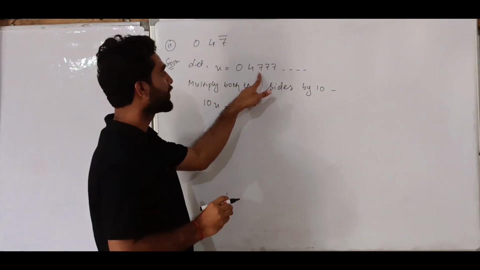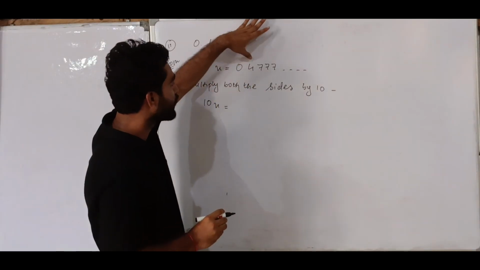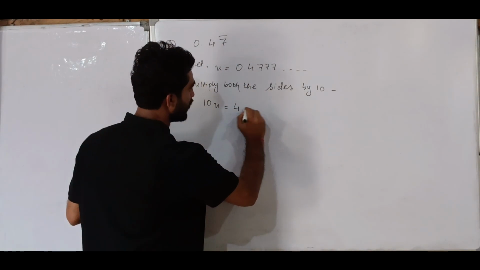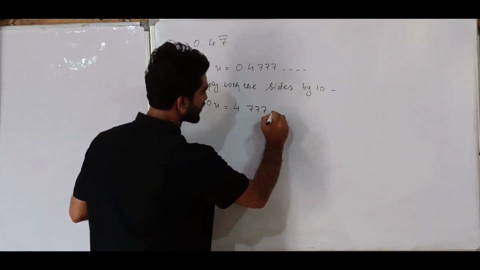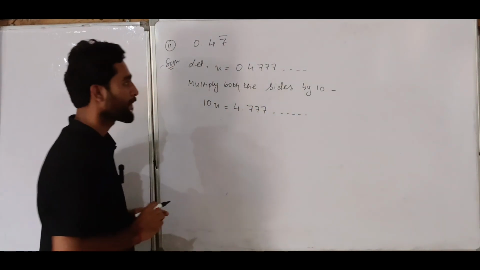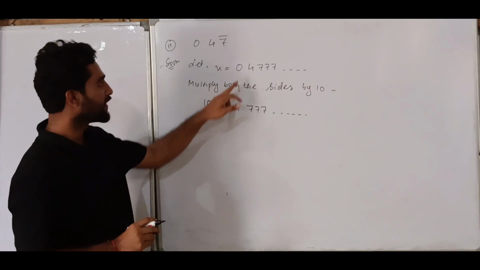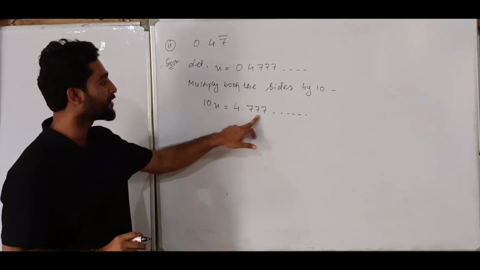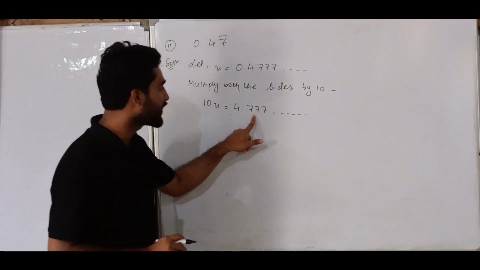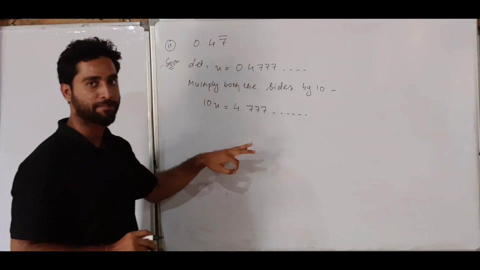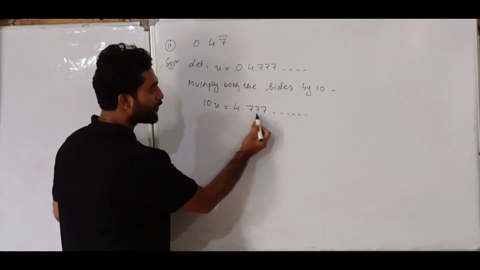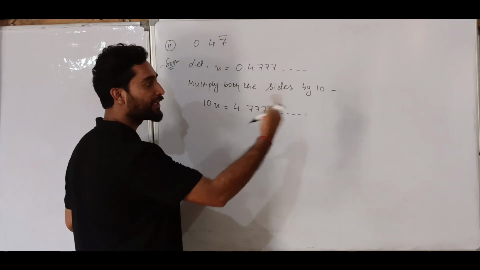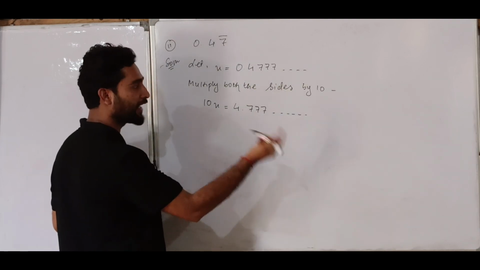If you multiply by 10, one digit comes to the left side, so this will be 4.7777 and so on. Now we can see that 0.477 is here, 4.777 is here, so after the decimal point the digits are not the same. If you are not getting the same digits after the decimal point, then you have to keep on multiplying the equations by 10.